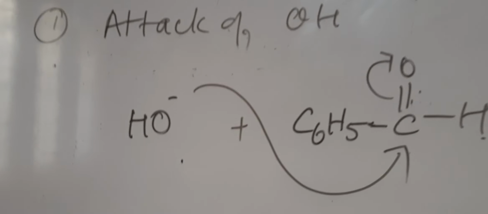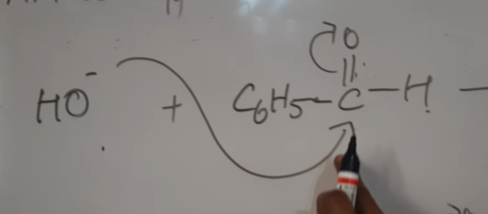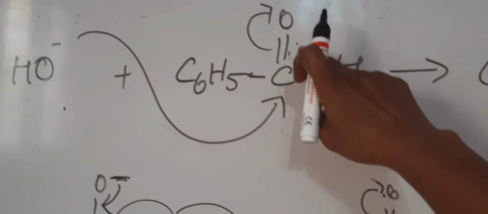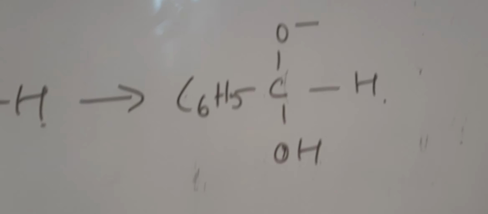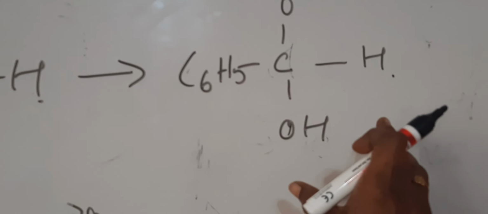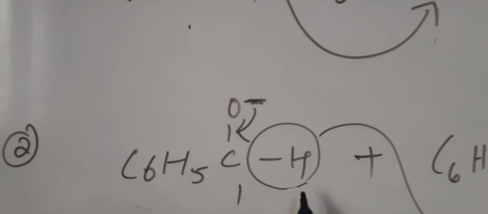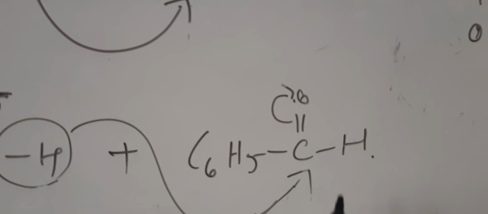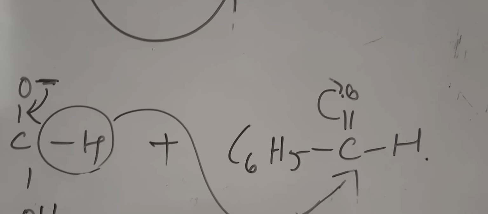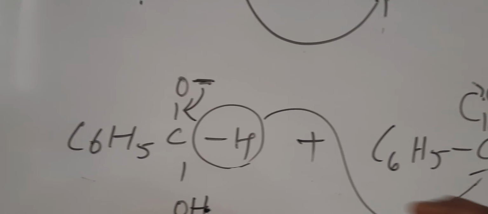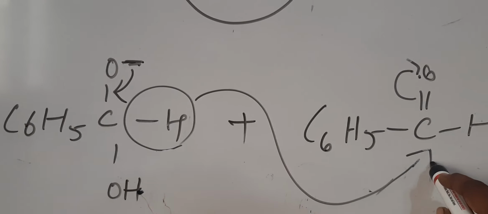First, attack of OH minus. OH minus attacks the carbonyl group of one of the benzaldehydes, and this bond shifts over here, okay, to get a molecule like this. And write down the same again, plus another molecule of benzaldehyde is to be written here, so that now the hydride ion transfer occurs.